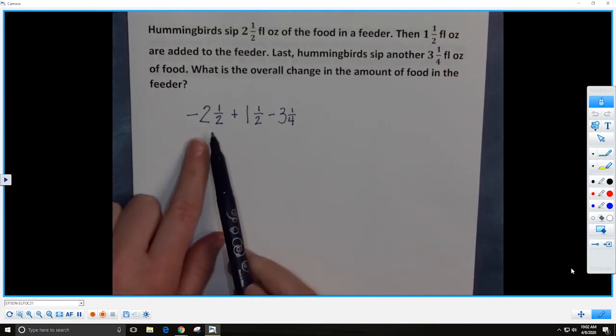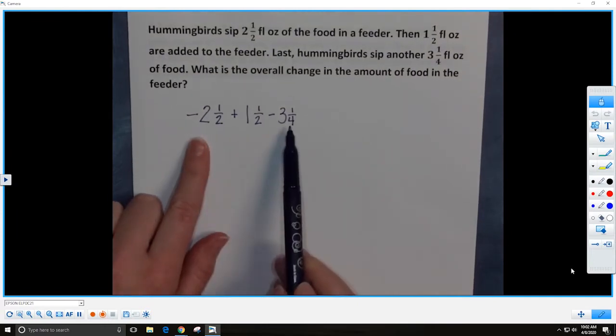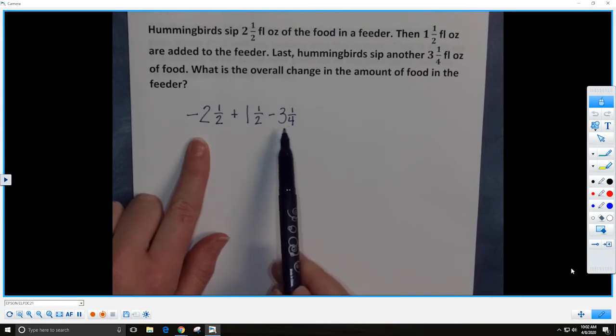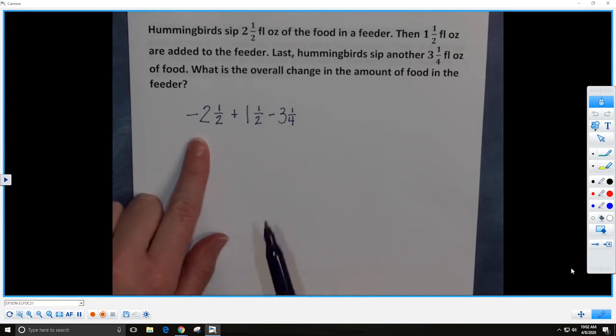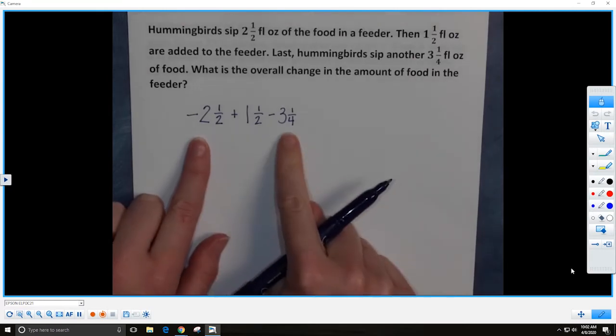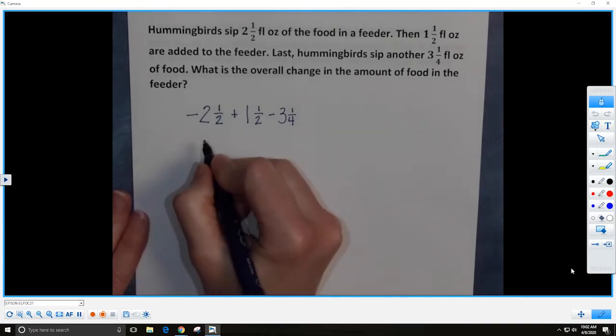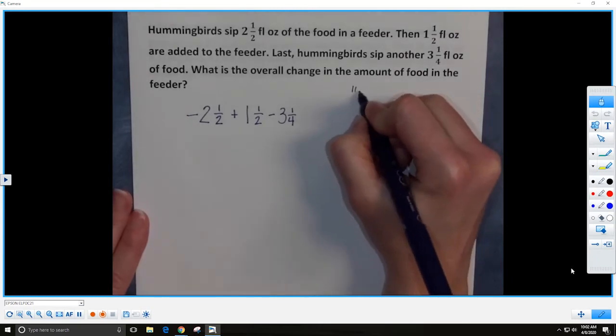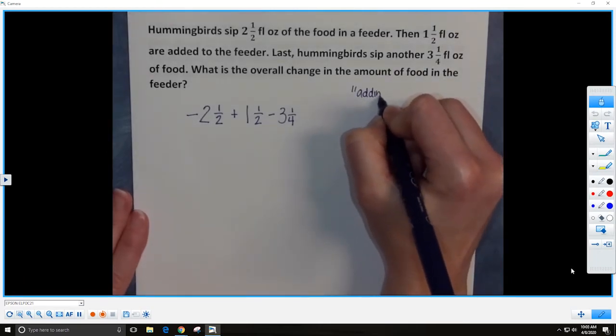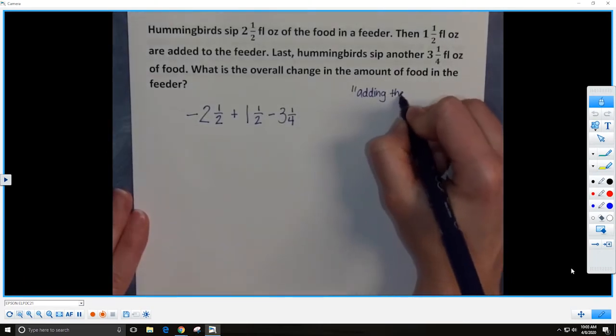Why are the 2 1/2 and the 3 1/4 negative? Is the 3 1/4 actually negative? Both of these numbers represent food being taken away from the feeder. So yes, when we add the opposite, so remember this phrase that we've used, adding the opposite.